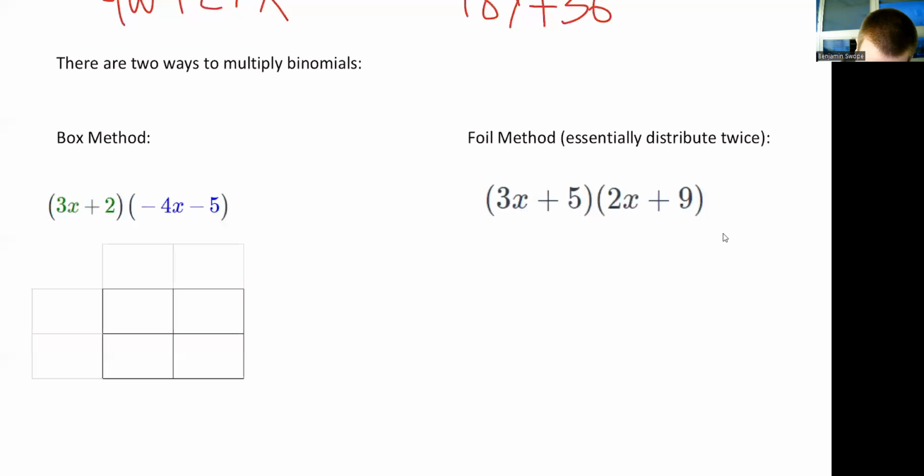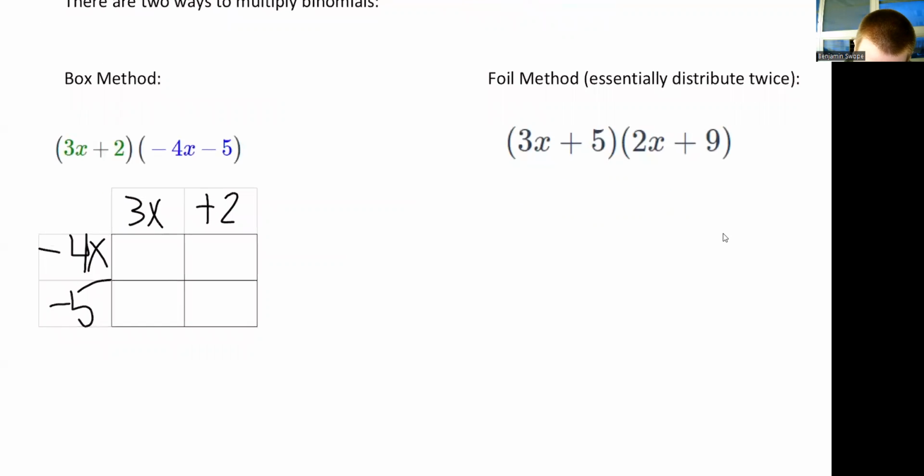With the box method, you put one of your binomials along the top, and you put one of your binomials along the side. It doesn't matter which one you put along the top and the side. I usually put the first one on the top, the second one on the side, though. To do the box method, we're going to multiply where our things meet.